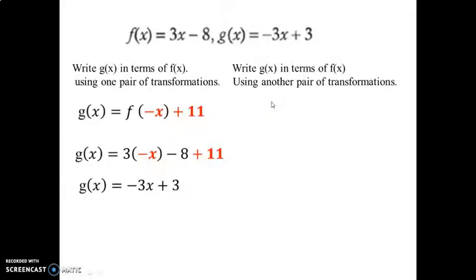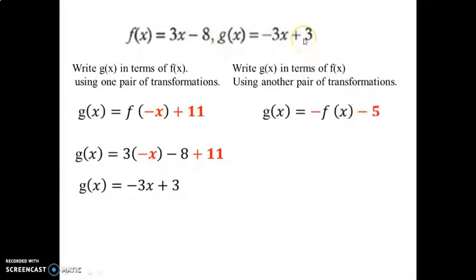Let's look at another pair of transformations that can bring us to the same end result. So how could you do that? Well, I'm looking at it, and again, I see 3x and negative 3x. So we could insert negative x like we did, but the other way to do that is to make the whole function negative, because that will make this negative 3x as well. But if we make the whole function negative, then this negative 8 will turn positive. So imagine now you have positive 8, but you need it to be 3.